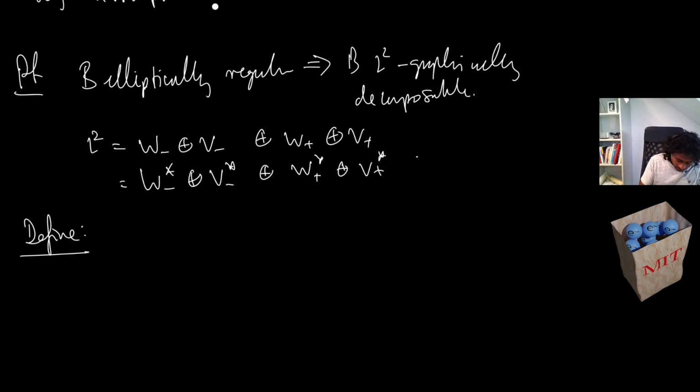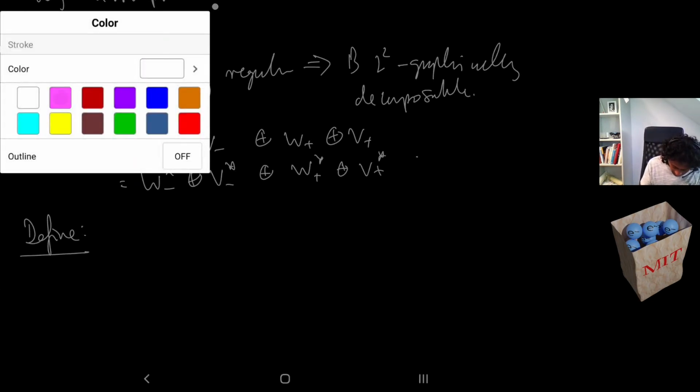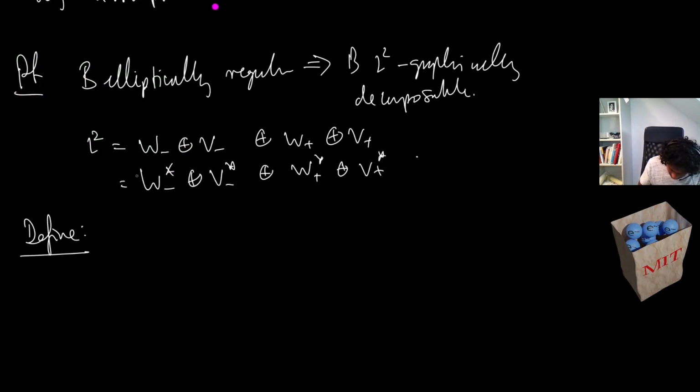The point is that we're going to first define these spaces, W plus, V plus, W minus star, and V minus star.